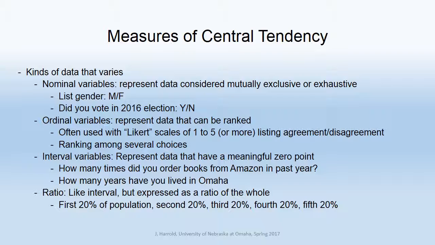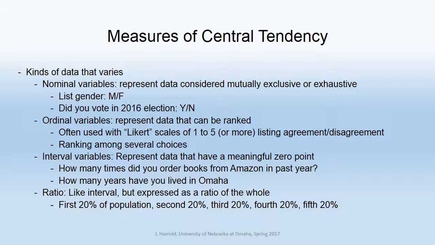Are you a college student or not? Did you vote in the 2016 election? Yes or no? That's nominal data, where your choices are typically named things, and there's no in between for them typically.